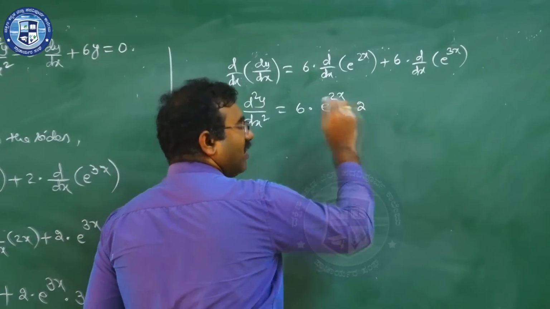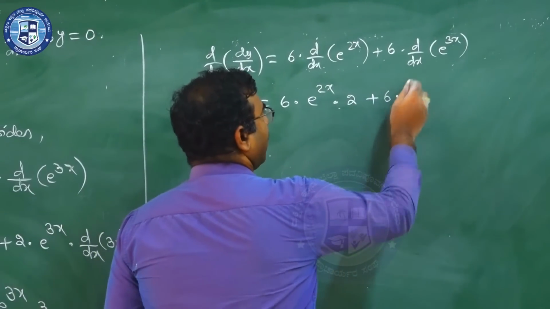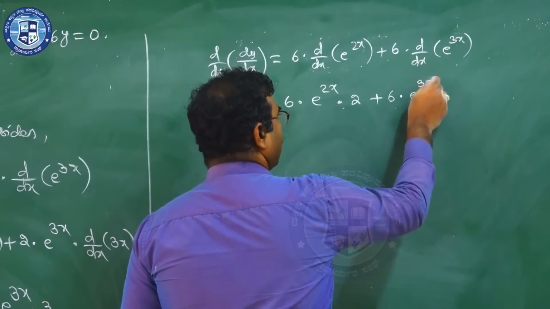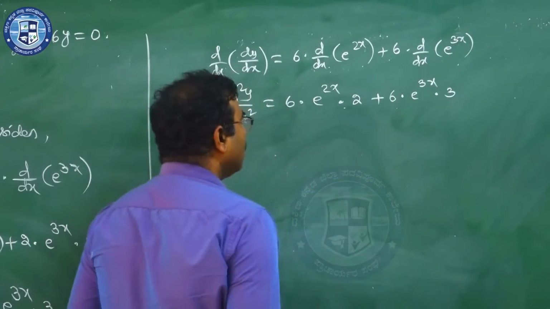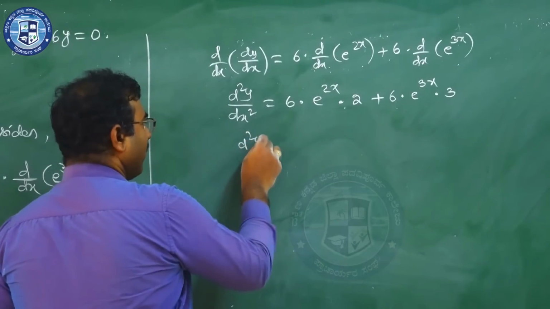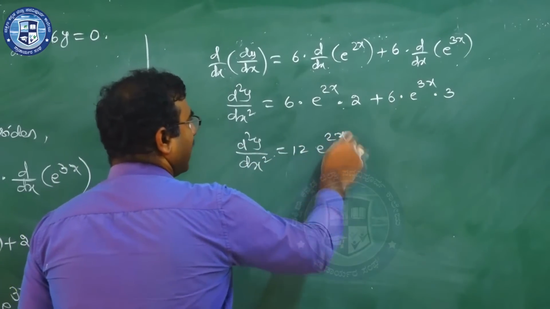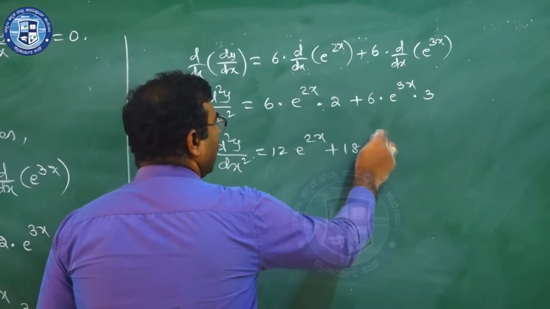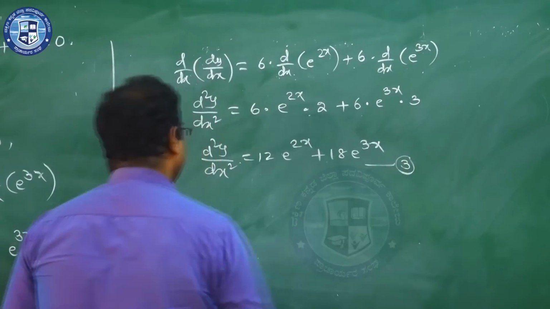Differentiation of 2x is 2, I am writing directly, plus 6 into differentiation of e power 3x is e power 3x into differentiation of 3x is 3. So what we are getting, d square y by dx square value is 12 e power 2x plus 18 e power 3x. This is condition 3 we take it.